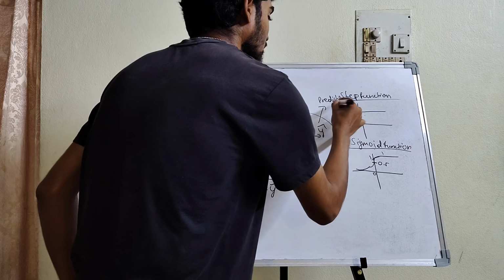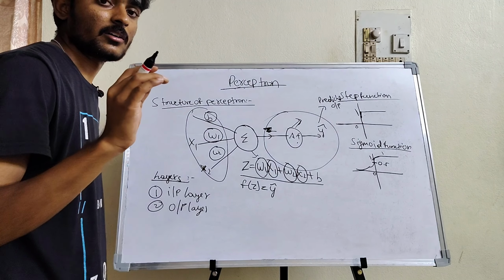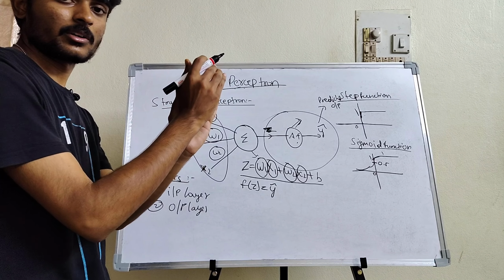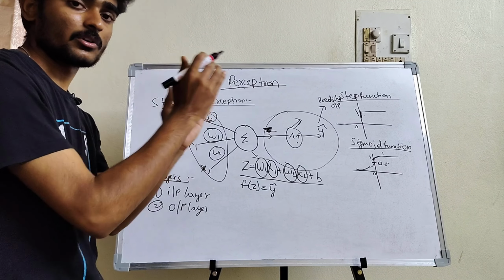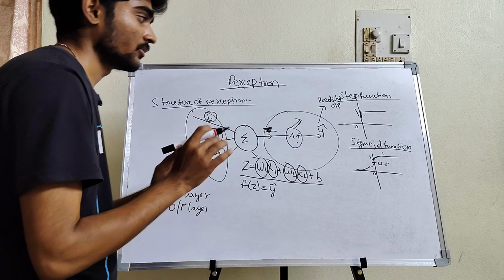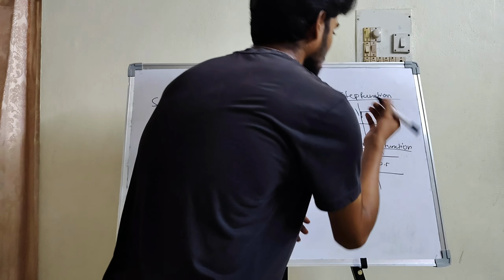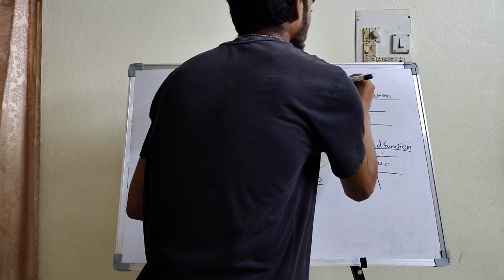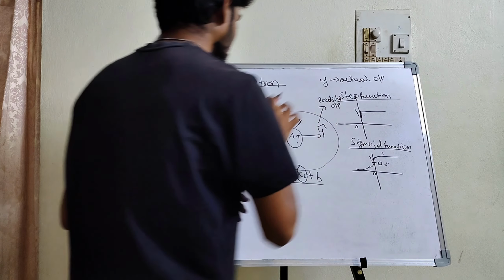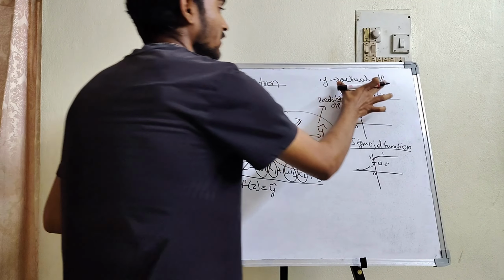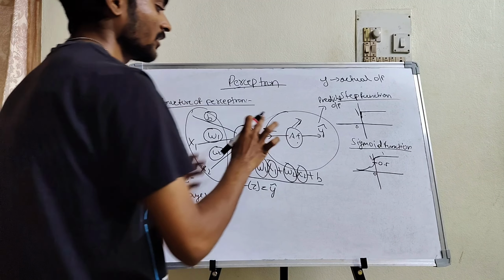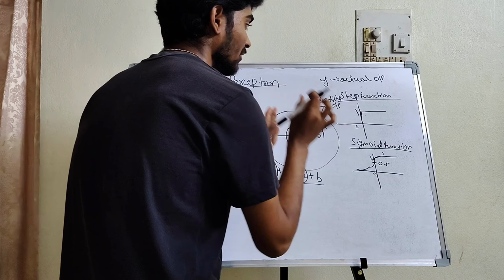Let's say you have a data set where x1 and x2 are your input features, that is your input data, and y is the corresponding output to those x1 and x2 values. Let's say y is your actual output for this x1 and x2 input data. And for this x1 and x2 data, the model has predicted an output called y hat.